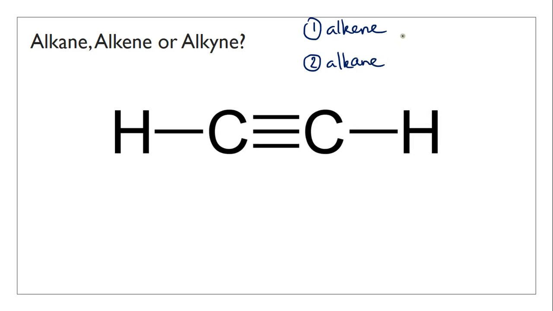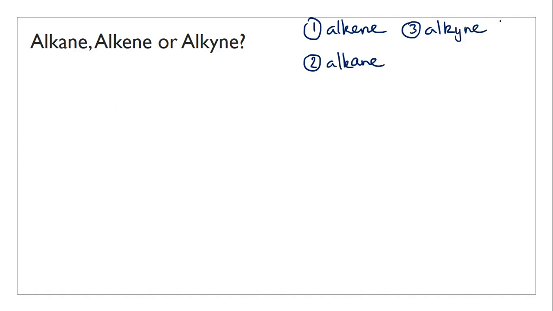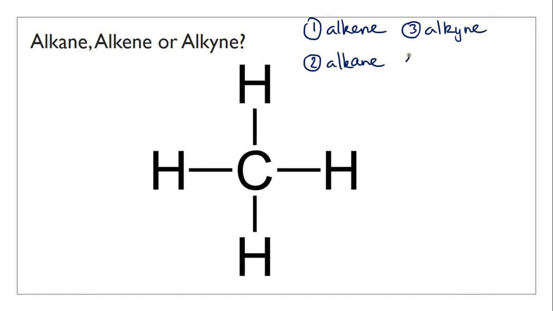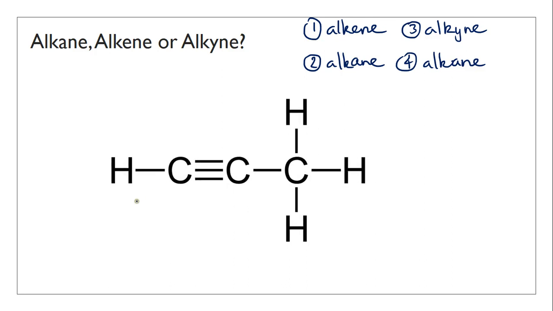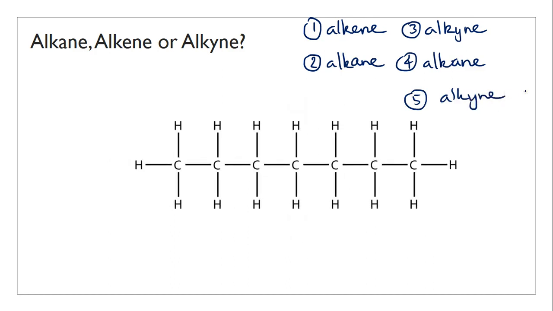Number 3 is an alkyne because you have a triple bond, or 3 covalent bonds. Number 4 is also an alkane. If you don't have any double or triple bond, then it will be an alkane. This is an alkyne. There is a triple bond. Okay, alkane again.